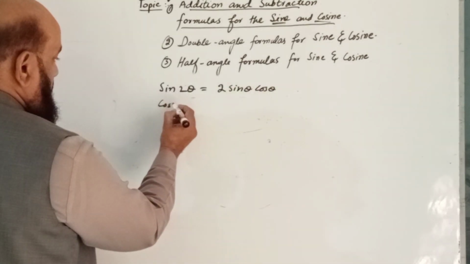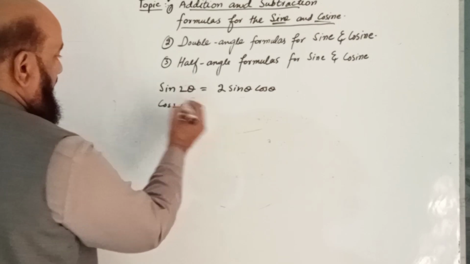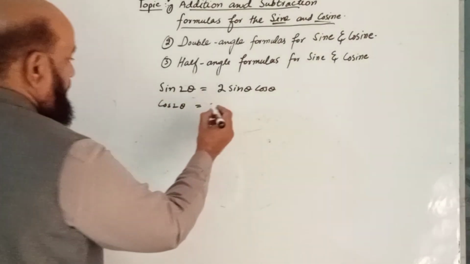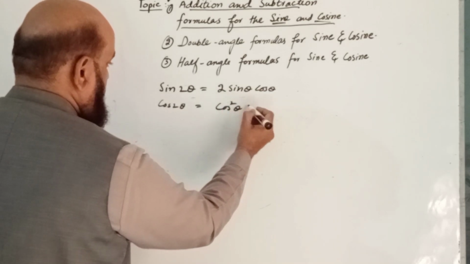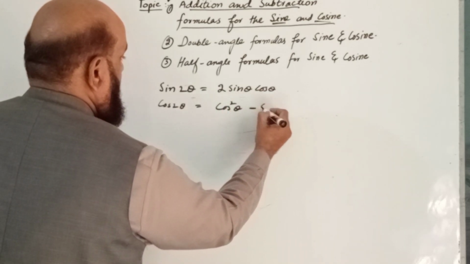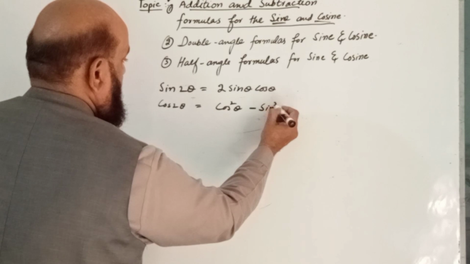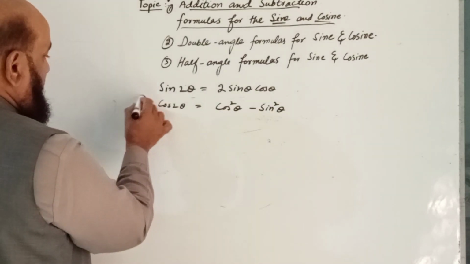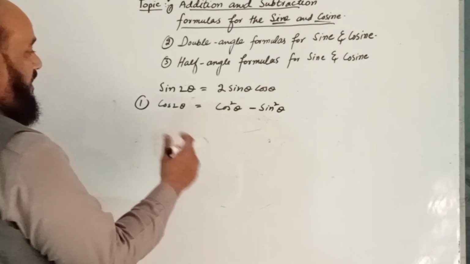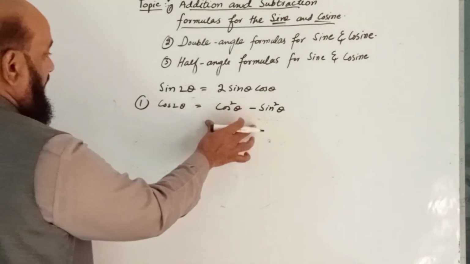And cos 2 theta has three formulas. First one is cos square theta minus sin square theta. This is the first formula for cos 2 theta, we can get more formulas from that one.